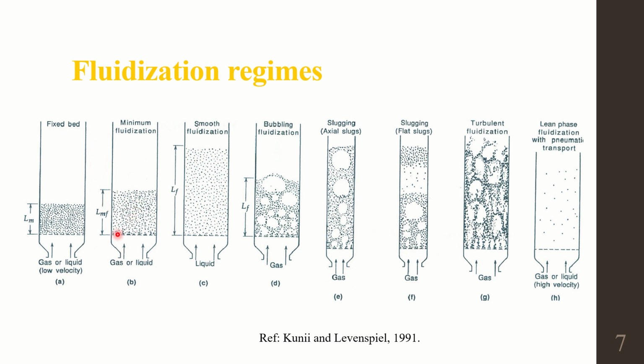After this, there are two types of behavior we can observe depending on whether the fluid we are using is a liquid or a gas. If we are using liquid, the particles start to move and there is a very uniform fluidization. It is known as smooth fluidization or homogeneous fluidization or particulate fluidization.